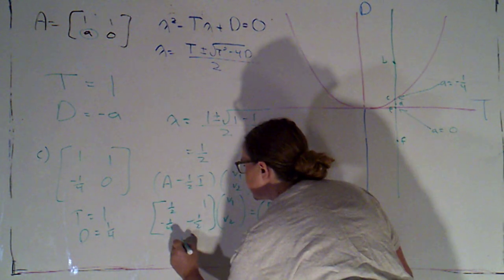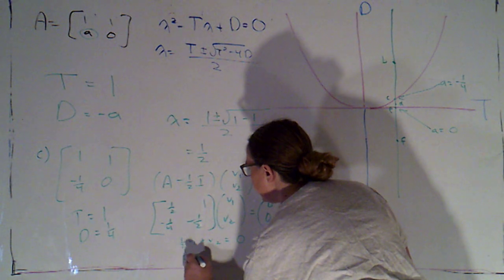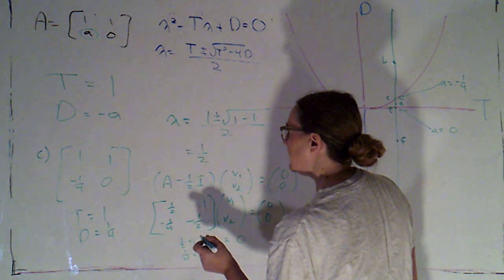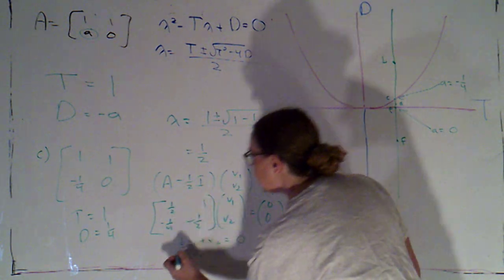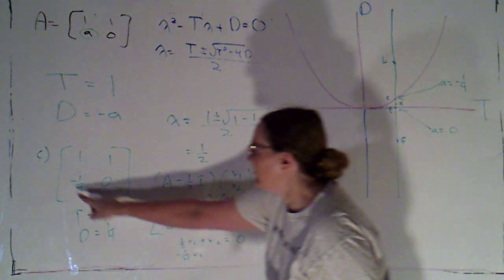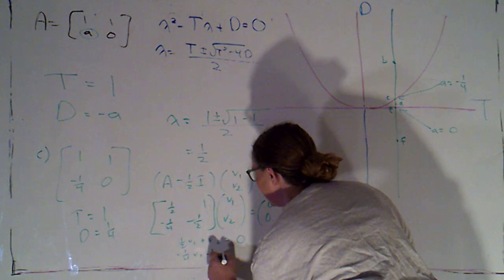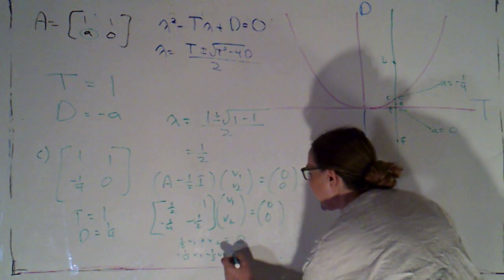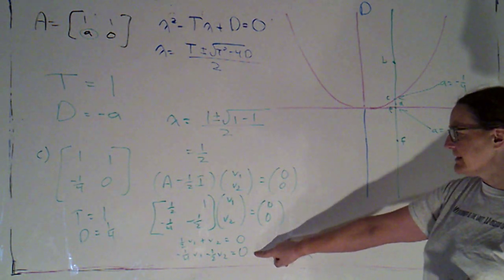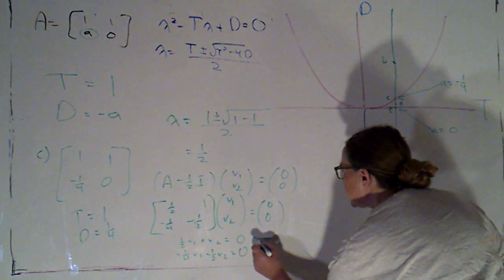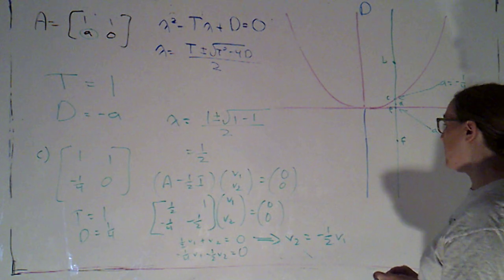So my corresponding system is half of v1 plus v2 equals 0, negative a quarter v1 minus a half v2 equals 0. Sorry, I spaced for a moment, I didn't see that negative sign there, and it wasn't working out. That is a dependent system because this is just negative 1/2 times this. So that's basically telling me that v2 has to equal negative 1/2 of v1.